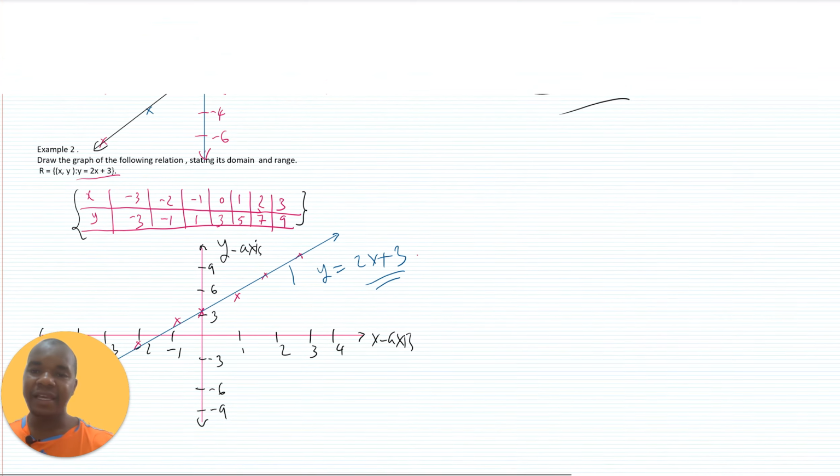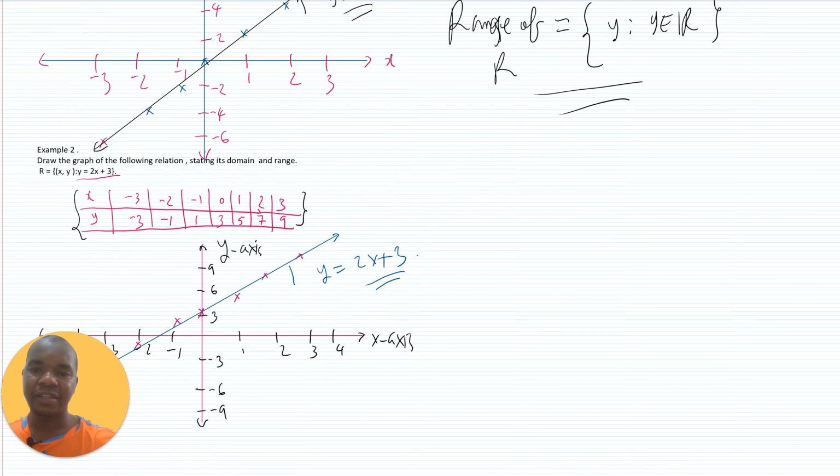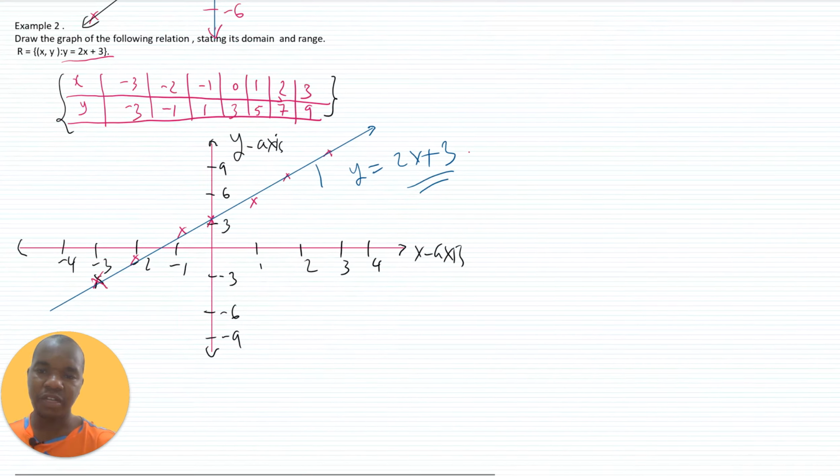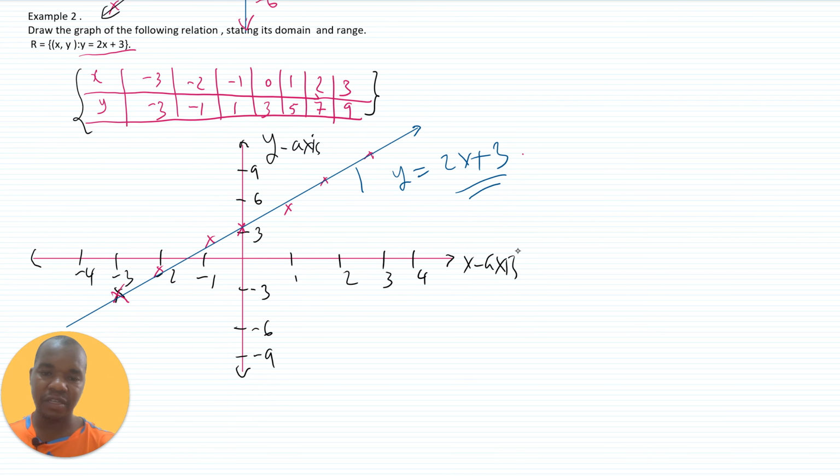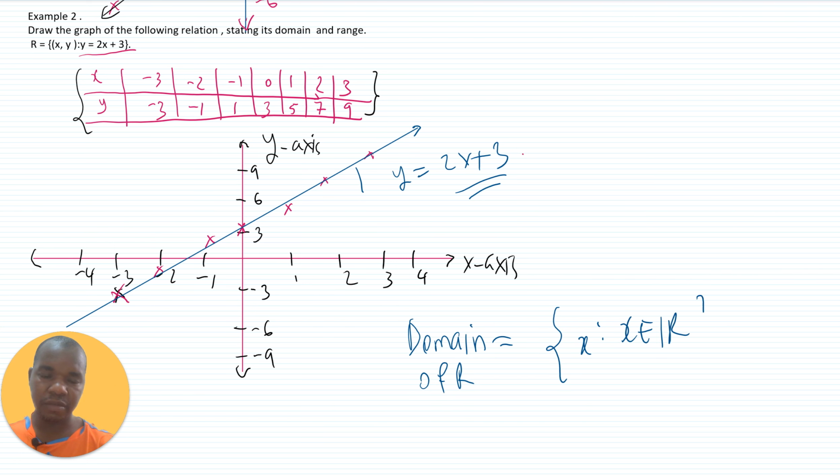For any linear equality, the domain is going to be all real numbers, and also the range is going to be all real numbers. So the domain of R will be x such that x is a member of all real numbers, and the range of R will be y such that y is a member of all real numbers.